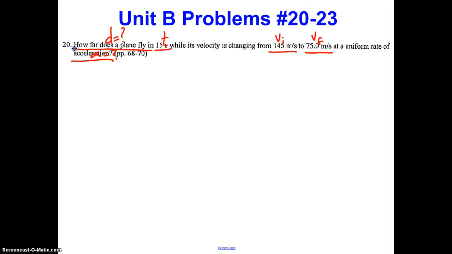All right, we're looking for D, given initial velocity, final velocity, and time. Because the object is accelerating, we cannot calculate the distance traveled without knowing the acceleration. So this is a two-step problem, and we have to start by finding the acceleration and then use that acceleration to find the distance.